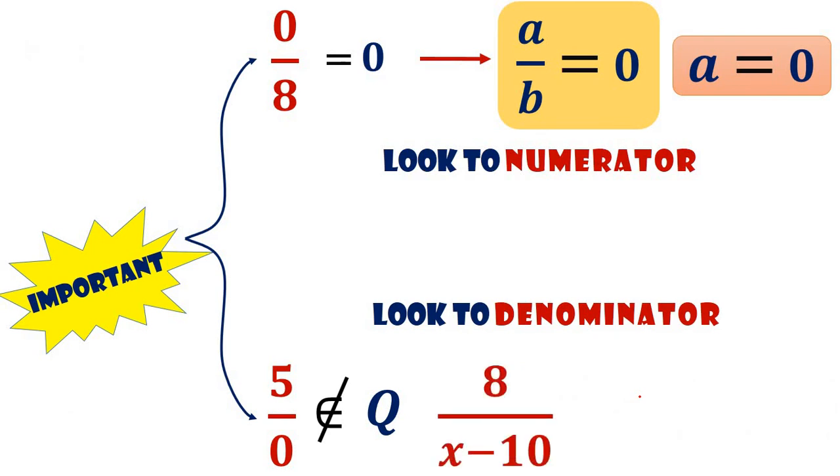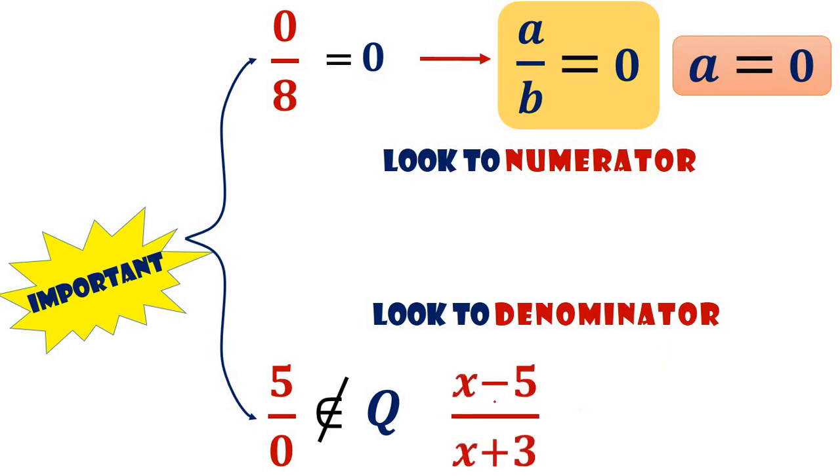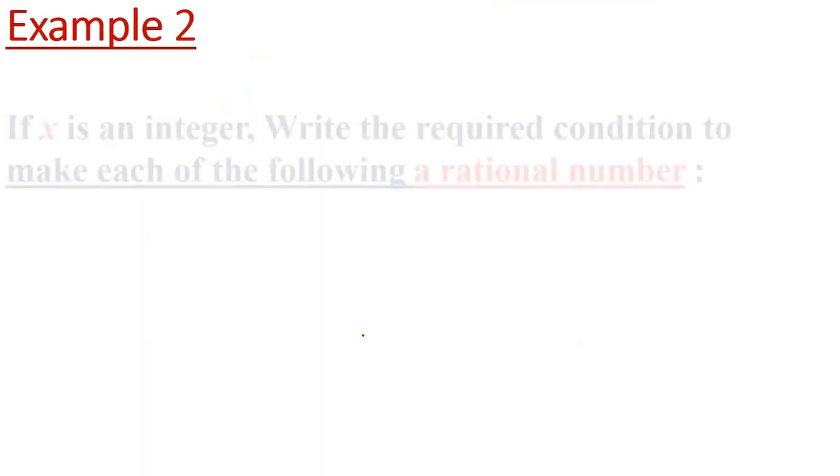Another example, if we have 8 over x minus 10 and this fraction does not belong to Q, we say x minus 10 equals 0 to get the zero of the denominator, x equals 10. Another fraction, x minus 5 over x plus 3, we said it doesn't belong to Q and we look at the denominator. So the denominator is x plus 3, take x plus 3 equal to 0, solve the equation, x equals negative 3.